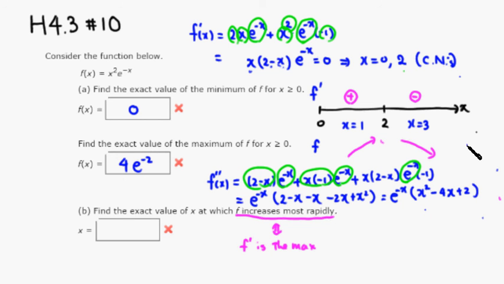So we have that. To find the exact value at which f increases most rapidly, we set this equal to 0. I have to use the quadratic formula.